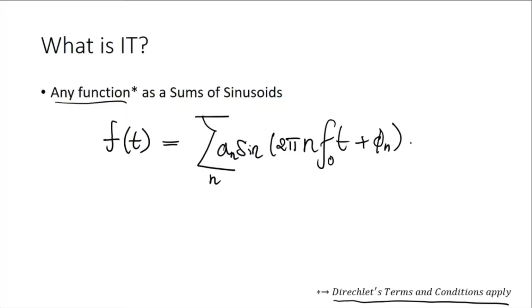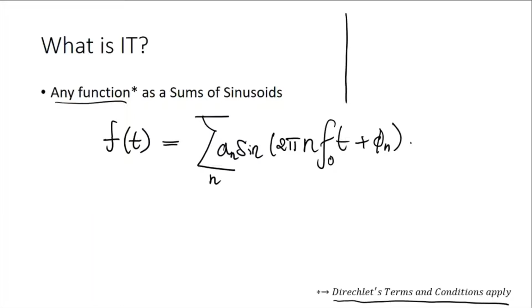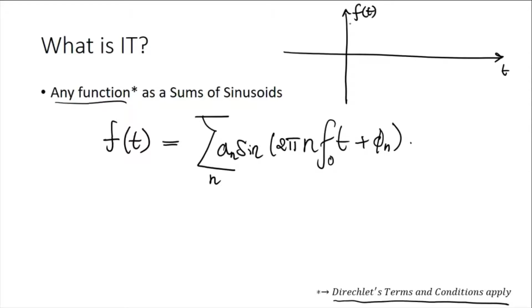So let us take some simple examples of functions that can be represented as sine waves. One is, say, a square wave.